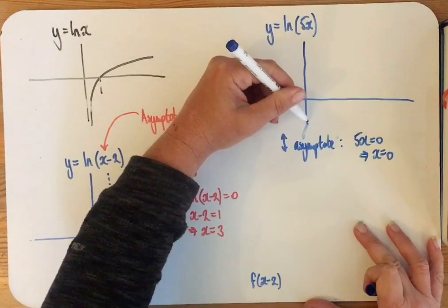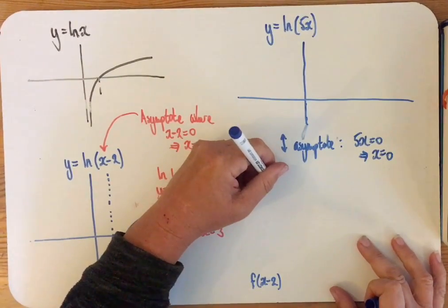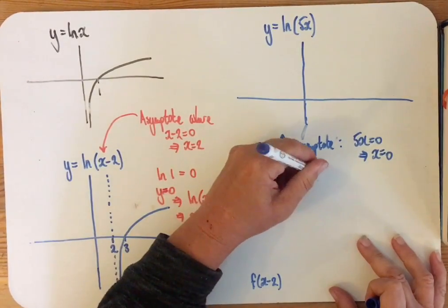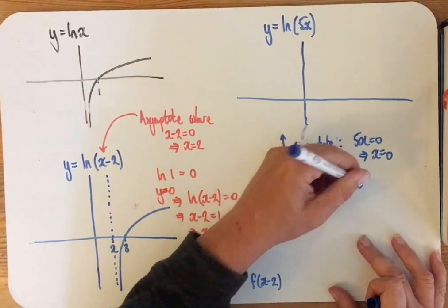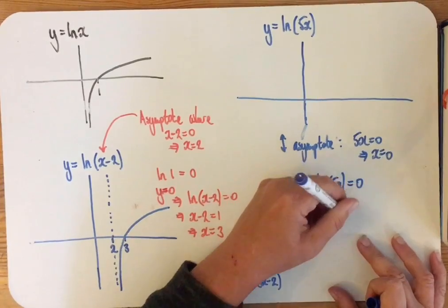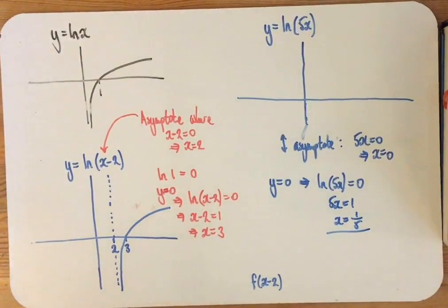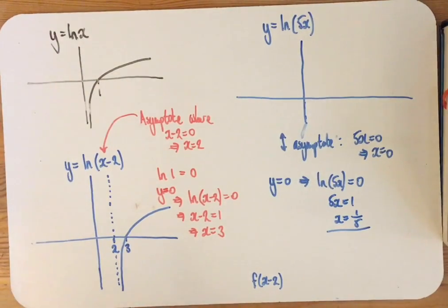So the asymptote is still on the y-axis. And to get the x-axis intercept, where y is 0, you want ln of 5x equals 0. Ln of 1 is 0, so you want 5x to equal 1 and x to equal 1/5. And so that's your stretch, scale factor 1/5, parallel to the x-axis.